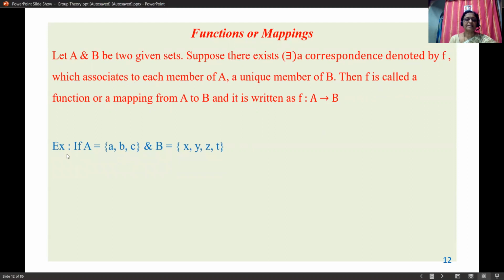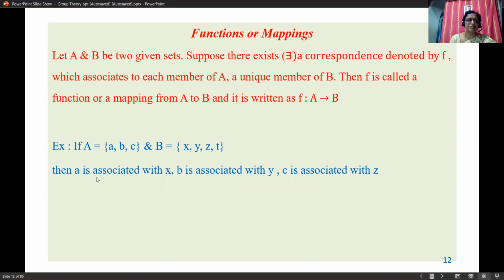So let us consider an example for the definition. If A is equal to the set containing a, b, c and B is equal to the set containing x, y, z, t, then let us consider a correspondence which associates to each member of A. So every member of A is to be considered.